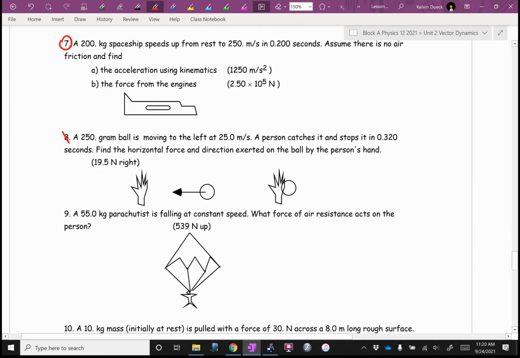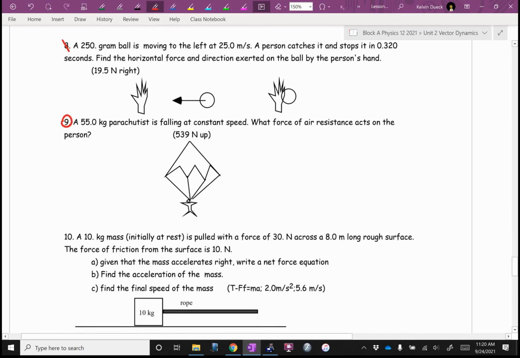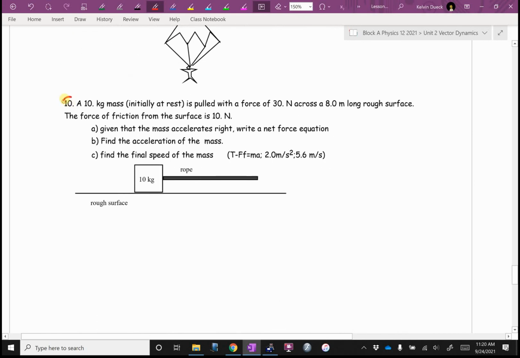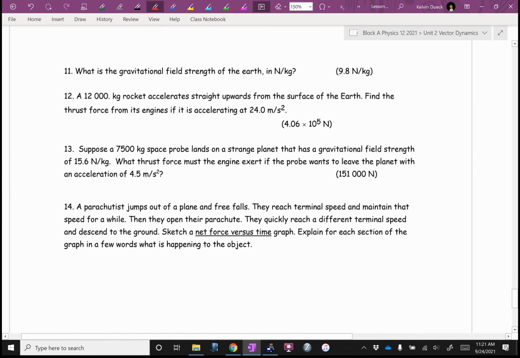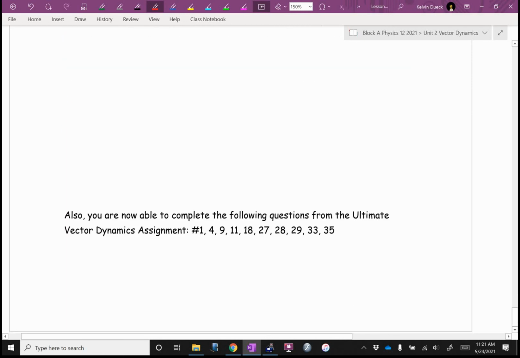I'll skip 8. 9 is good. 10 is good. 11 is good. 12 is good. 13 is good. Skip 14. Also, from the Ultimate Vector Dynamics assignment, you should be able to do those questions if you want to get a head start.